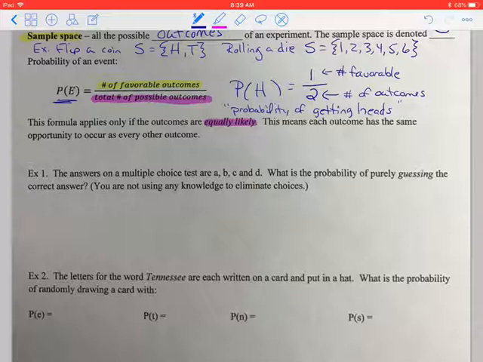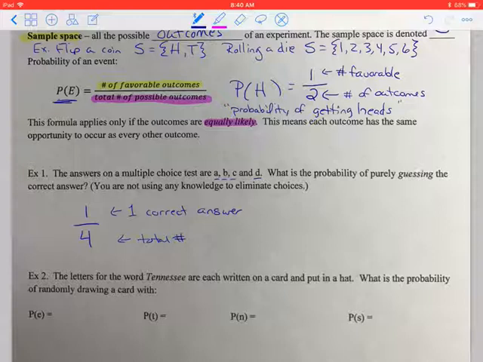There's only one correct answer. If we count, there are 1, 2, 3, 4 total choices. So the probability of just guessing the correct answer would be 1 out of 4. This is your favorable outcome, 1 correct answer, and this is the total number of choices.